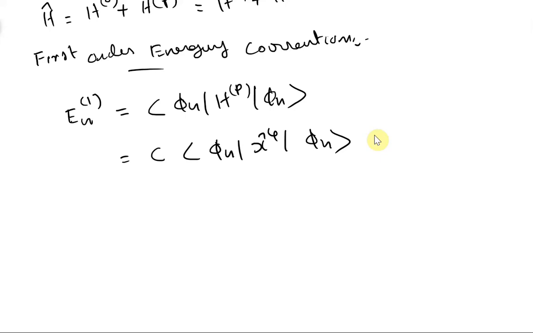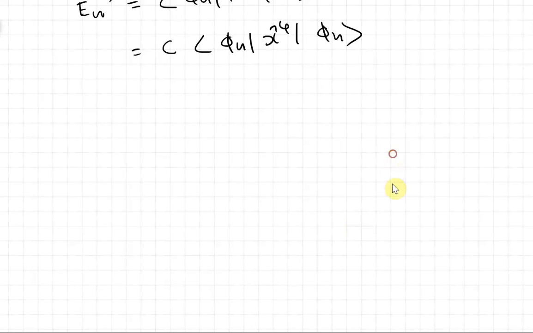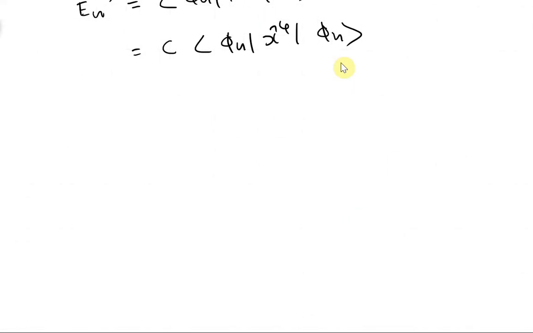So this is our first order energy correction, and what I have to find out is x cap raised to 4 acting on the unperturbed states. x cap is nothing but our position operator. In the harmonic oscillator we have defined x cap in terms of a cap and a dagger, like h cross by 2m omega, a plus a dagger.